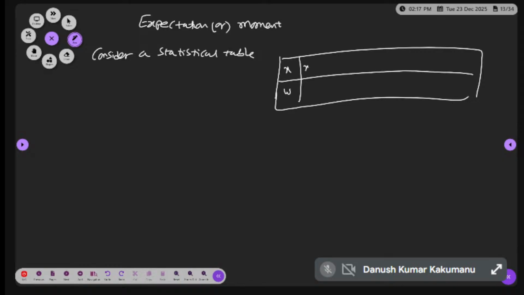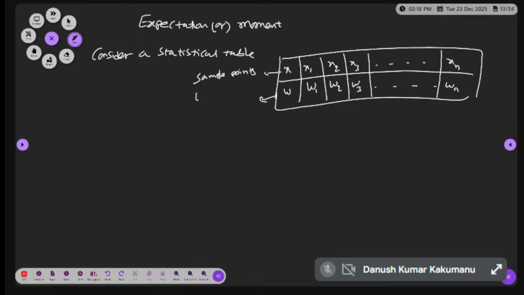X, omega: x1, x2, x3 and so on up to xn; omega 1, omega 2, omega 3 and so on up to omega n. Consider a statistical data. X represents what here? Sample points. X is the sample points.